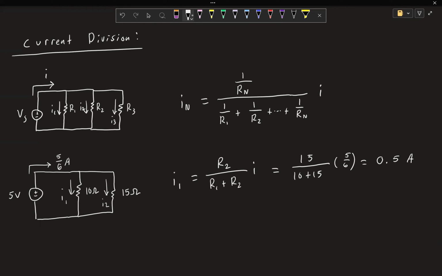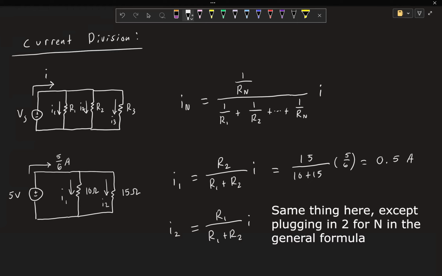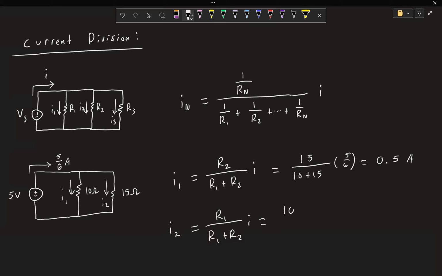If we wanted the current through the other resistor, I2, it's going to be R1 over R1 plus R2 times I, which is 10 over 10 plus 15 times 5/6. That comes out to be 0.33 amps.